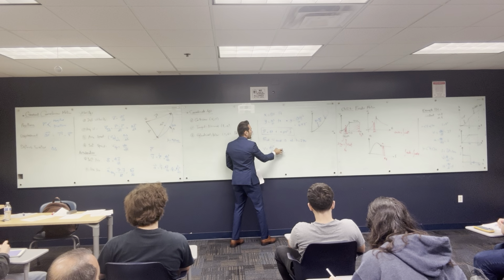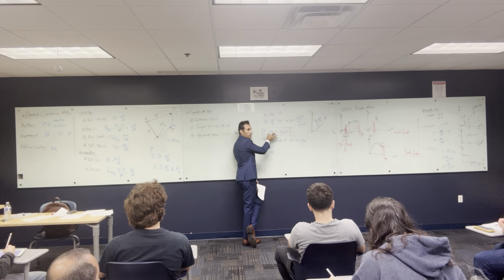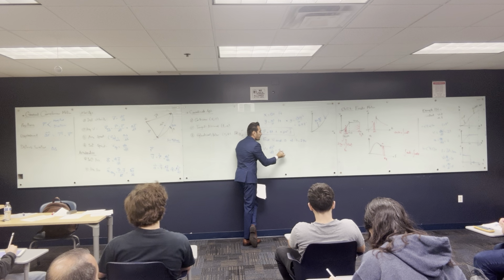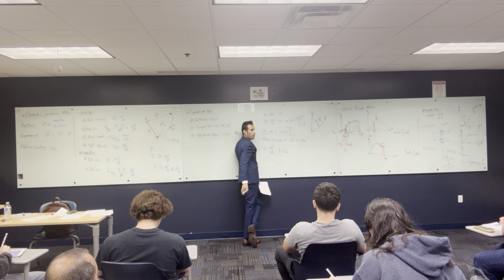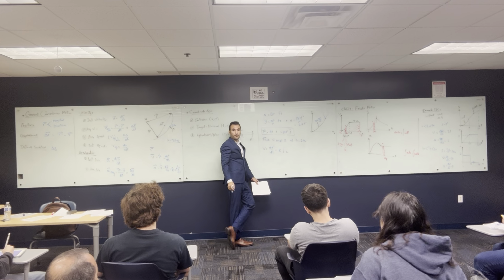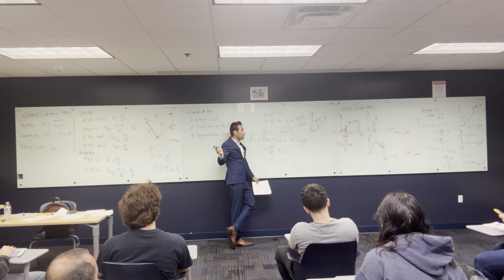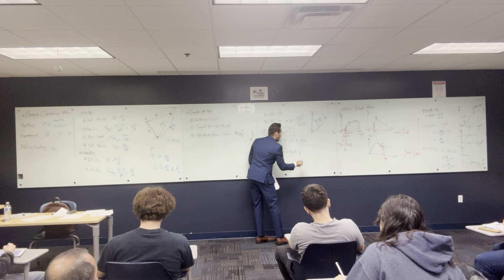You differentiate each component separately. What is the derivative of 8t with respect to t? It's going to be 8 in the direction of i. What is the derivative of 6.4 t squared with respect to t? 12.8t in the j hat direction.